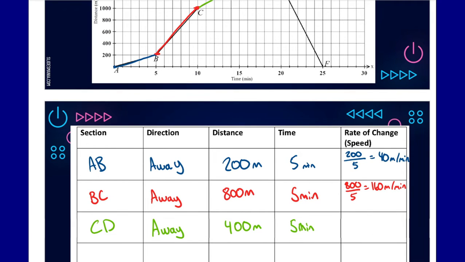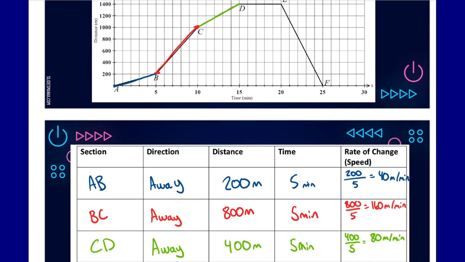Again, so the speed or the slope or the rate of change is 400 divided by 5, which equals 80 meters per minute. So he's slowing down. And again, we can see that based off of the line, right? It's less steep than the previous segment, so it should be smaller or have a smaller slope than 160.